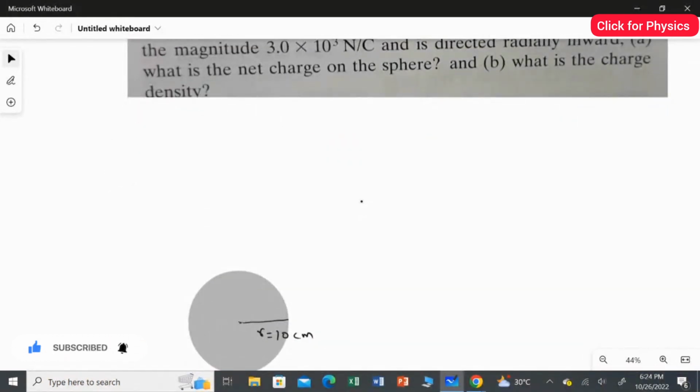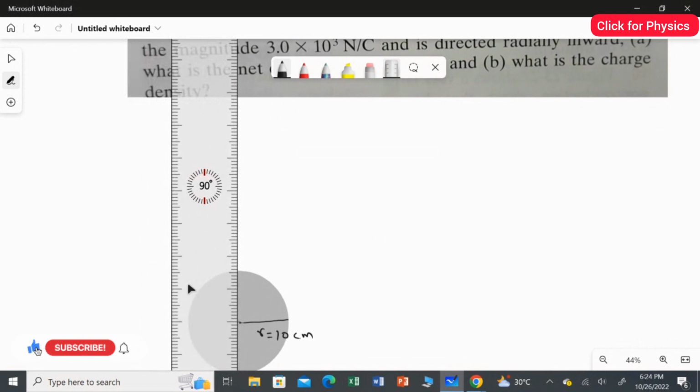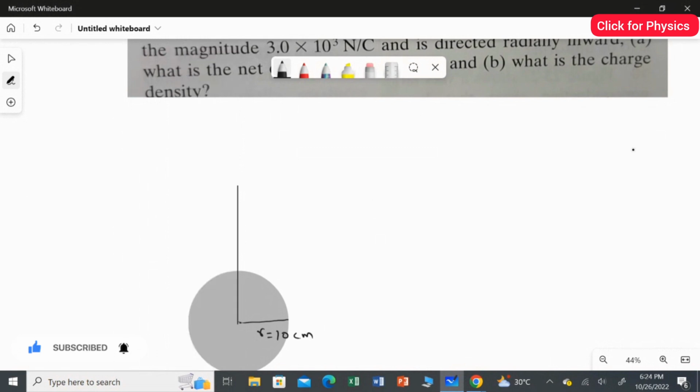So let's take, I'm going to use the ruler, from the center to a distance. So this is our distance, from the center to the distance of 30 centimeters.